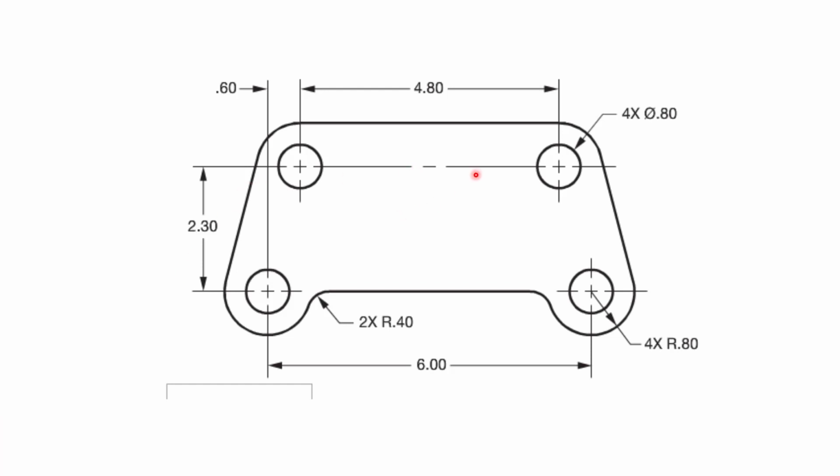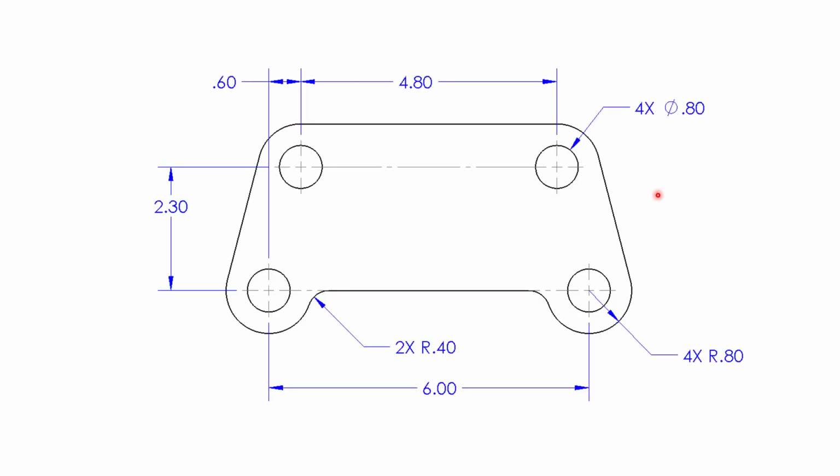Now what I've done here, I've gone over the original drawing that was taken out of an old drafting textbook. Now what I've done here on the next slide is a drawing that I've created using SolidWorks from a part that I've created. I haven't done much in terms of varying the previous drawing.